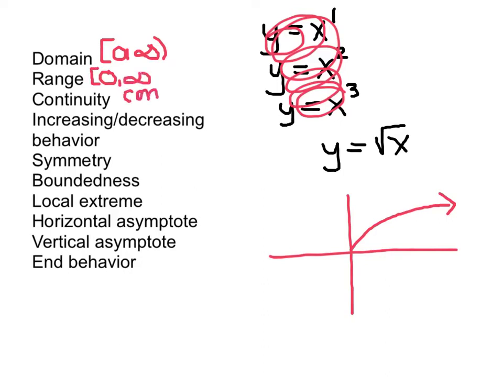It's continuous. This function is an increasing function the whole time. It is not odd or even, so it's neither. On the last exam, several people for symmetry put the answer yes. That's not the right answer. It's neither odd nor even. This function is bounded below.